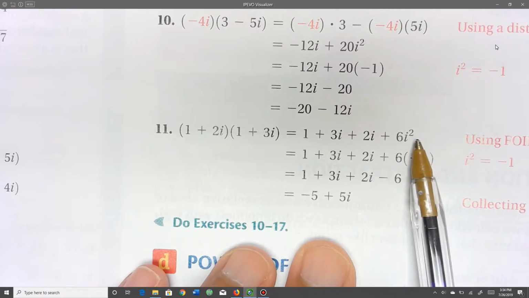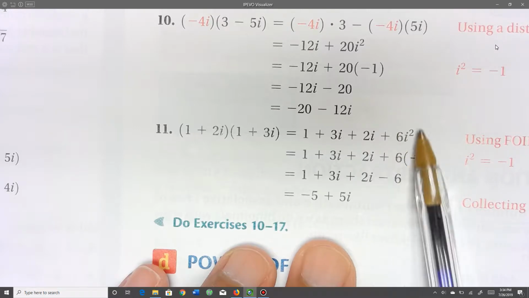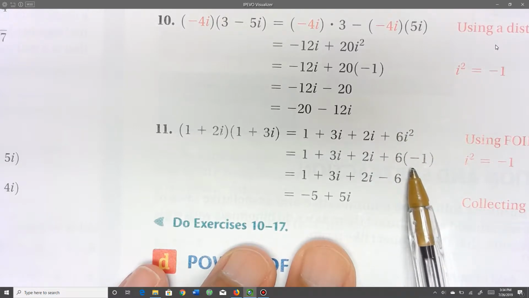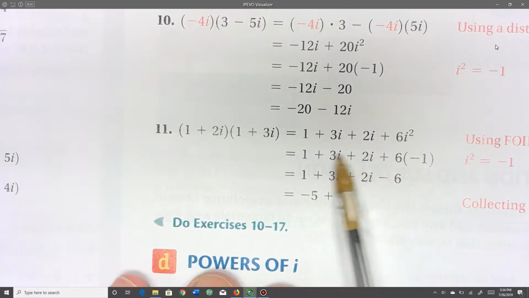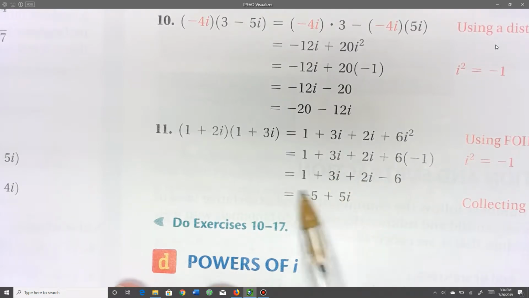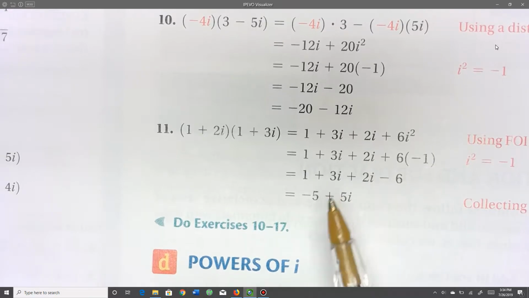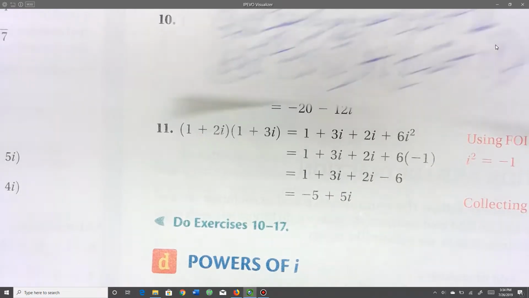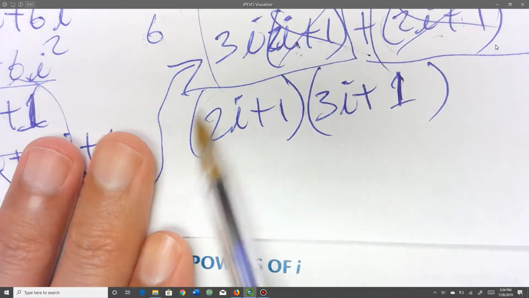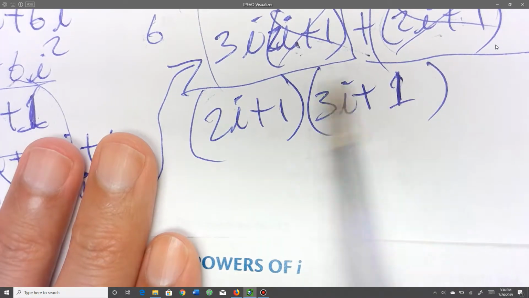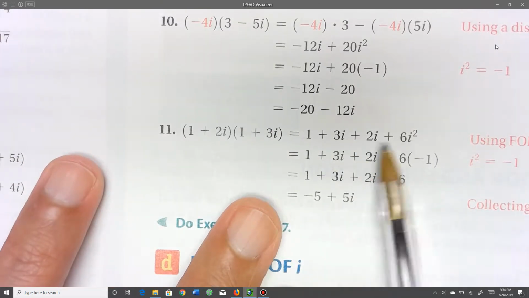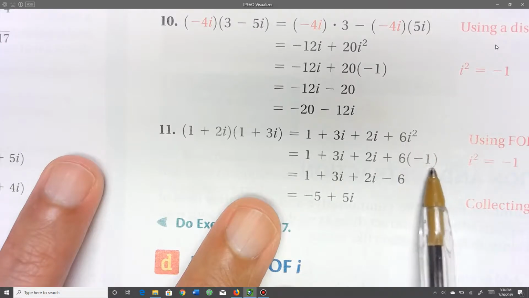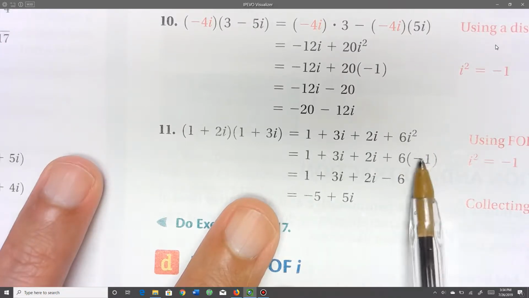Because you have an i squared there, make it into a -1. Negative 1 times 6 is -6. Combine i terms, and you get to this here. And this version is even more simplified than this, because you substituted a -1 for the i squared first.